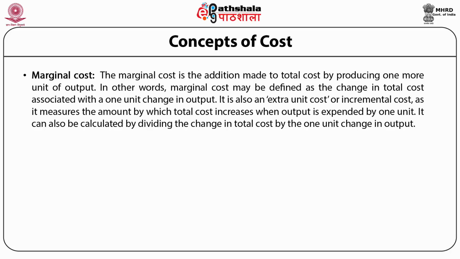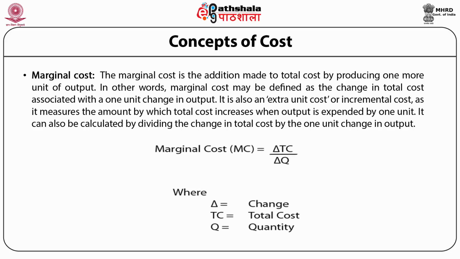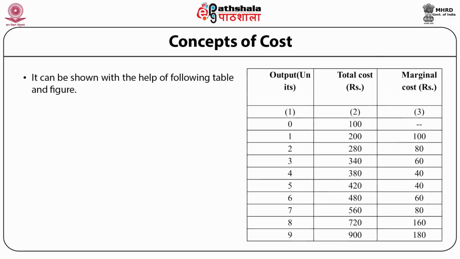It can also be calculated by dividing the change in total cost by the 1 unit change in output. Symbolically, marginal cost is equal to change in total cost divided by change in quantity. It can be shown with the help of the following table and figure.